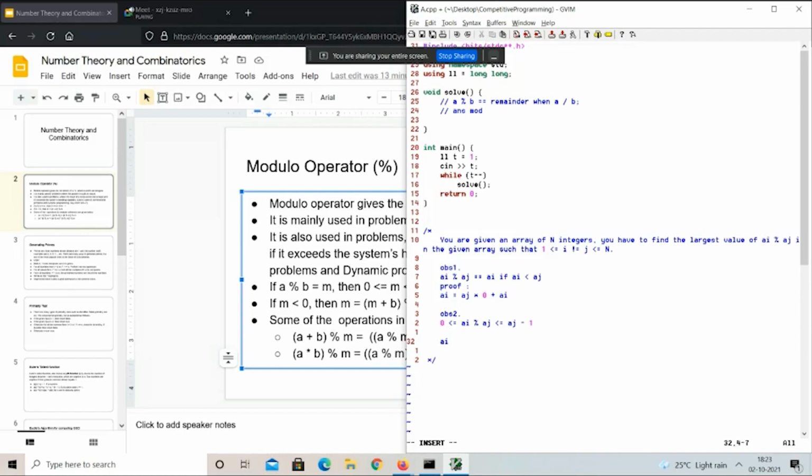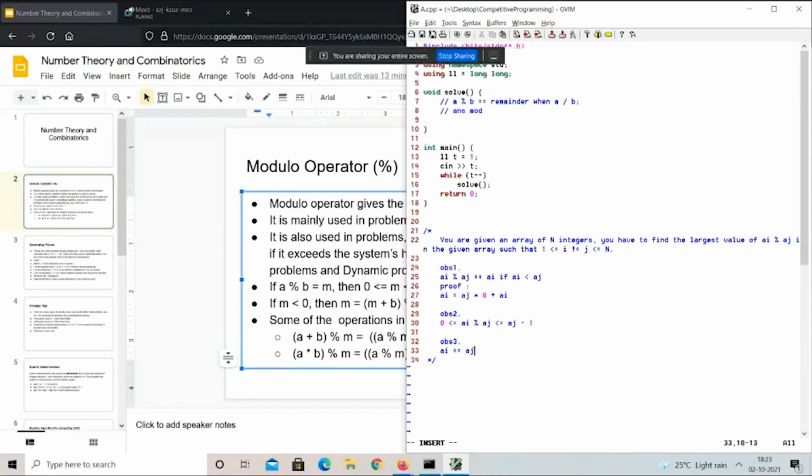And one more thing, the third observation, is that they have said that I is not equal to J, but they haven't told that the elements in this array are distinct. So you can have A of I equal to A of J. It may not be distinct. It is not mentioned that it is distinct.